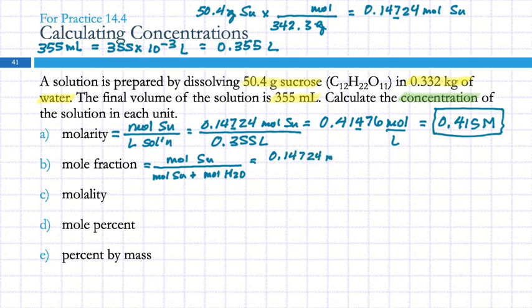0.14724 moles. And then in the denominator, that number comes in again, 0.14724, plus we need the moles of water, right? So we're given a mass of the water. So we have 0.332 kilograms, and we want to get to moles.